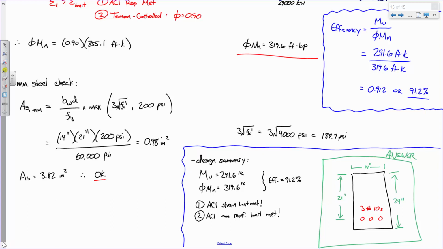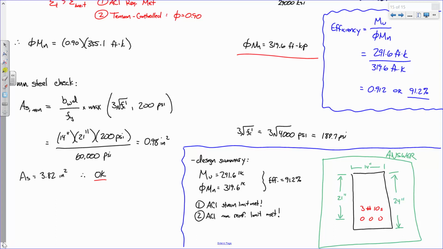Okay? So if you were looking at this beam like on the side, so here's the beam, right? So this dimension is 24 inches. And if you wanted to give it some three-dimensionality, that dimension is 14, right?